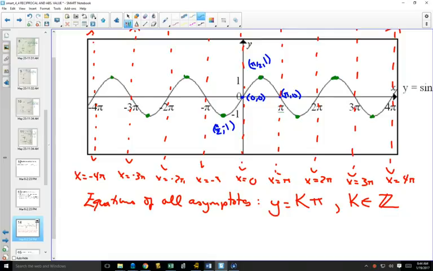Now I'm going to put one more point on our original graph. Something comma 1/2. I want you to tell me what the x-coordinate is. Pi over 6. Where is that point going to go? It's going to go up.